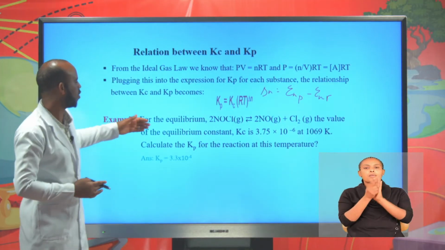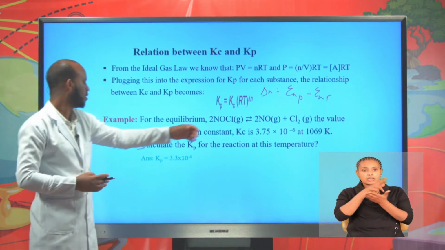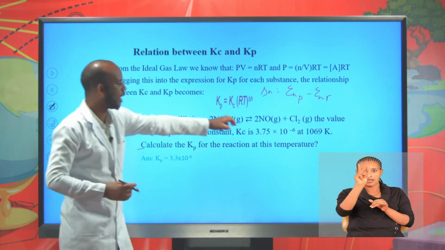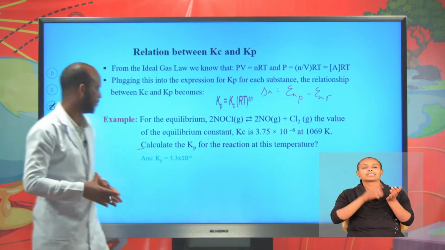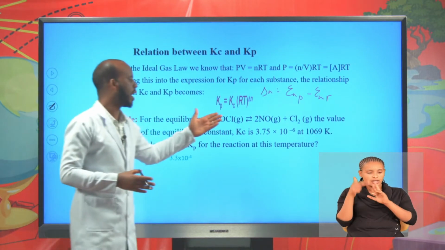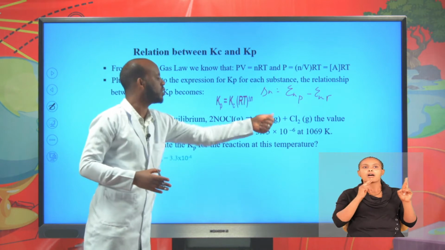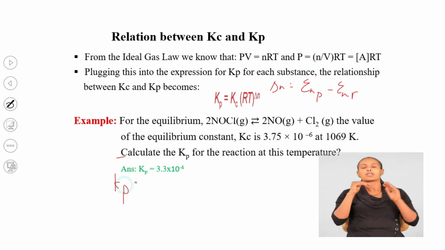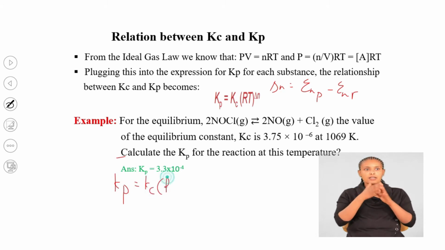For example, for the equilibrium reaction, the value of the equilibrium constant Kc is this at 1069 Kelvin. Calculate the Kp for the reaction at this temperature. You are asked to calculate Kp for this reaction because reactants and products are in gaseous state. Now Kp equals Kc times RT to the power of change in number of moles.